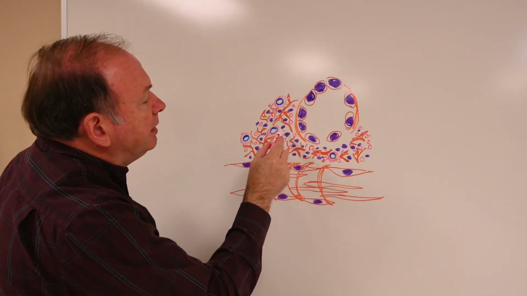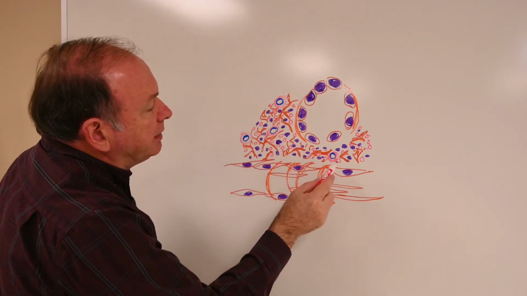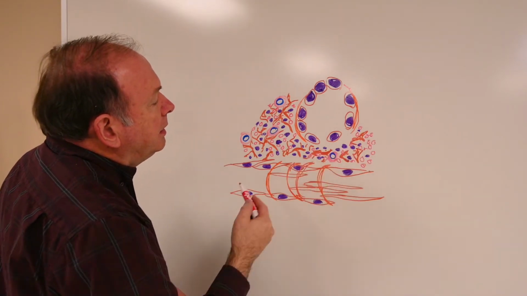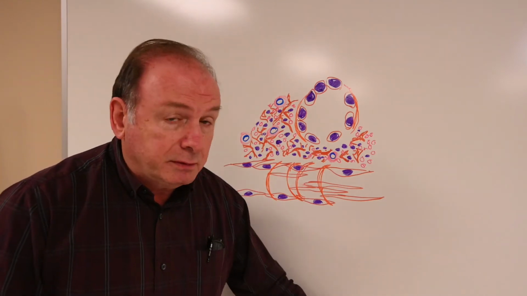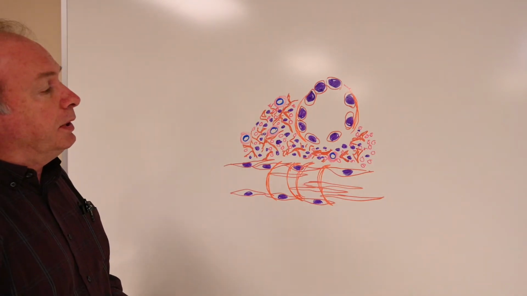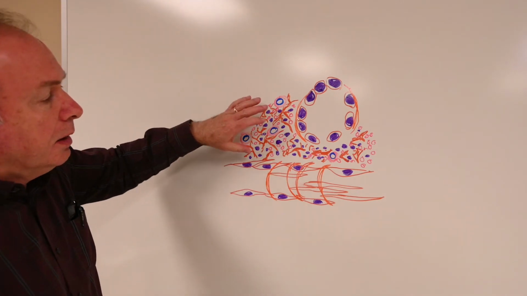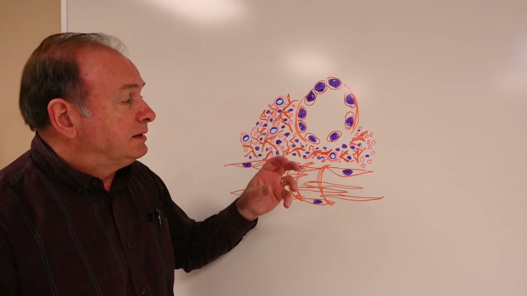So red blood cells, lymphocytes, macrophage cells, reticular cells, neutrophils, different kinds of white blood cell derived tissues out there making up that pulp. So those are the things you'll look for in the slide for red pulp.